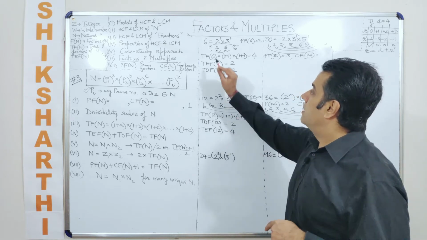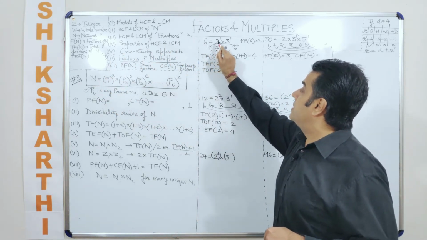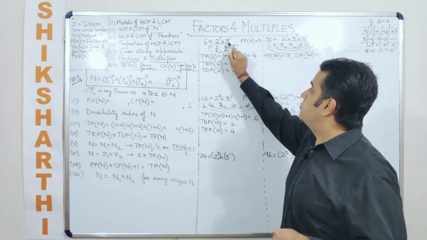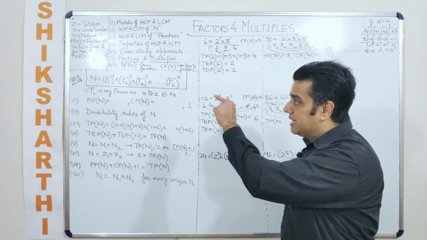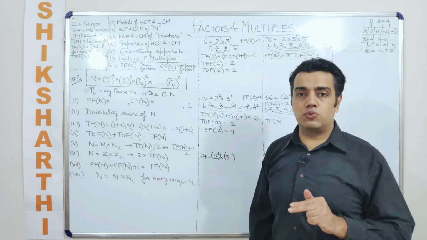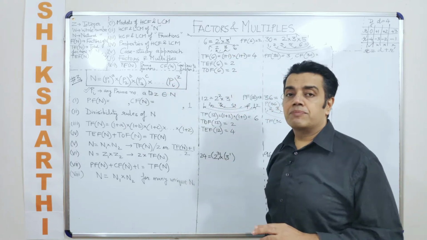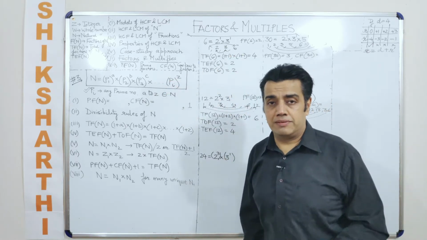For example, if the value of n is 6, and 6 can be written as 2 to the power 1 into 3 to the power 1, in this case the value of P1 becomes 2, the value of A becomes 1, the value of P2 becomes 3, and the value of B becomes 1.